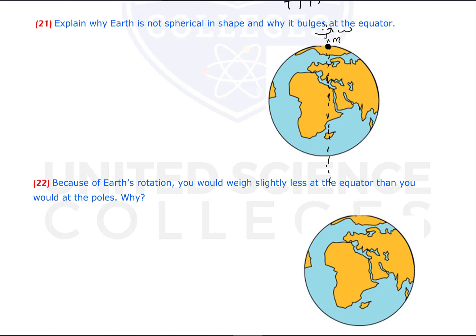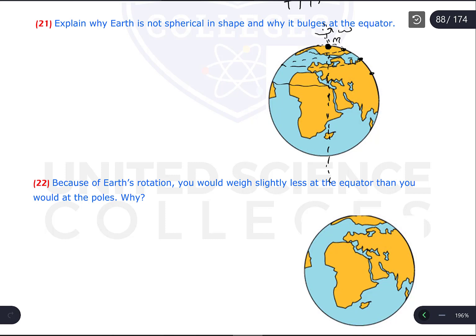But when you go towards the equator, your body starts following a circle. When you move more and more towards the equator, the radius of the circle increases. So the size of the circle gets the maximum value when you are at the equator.